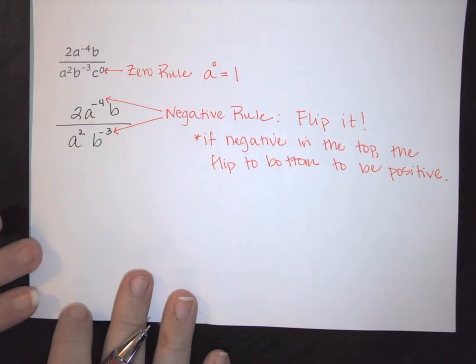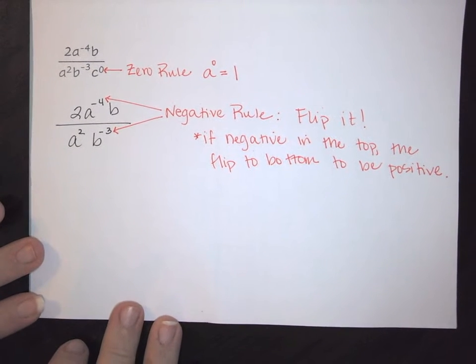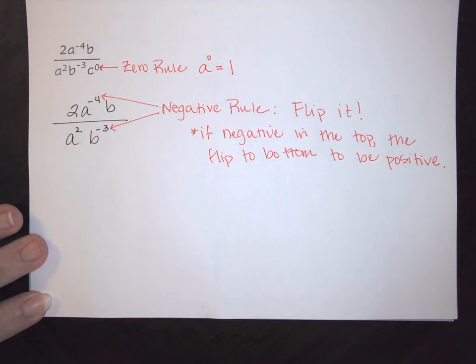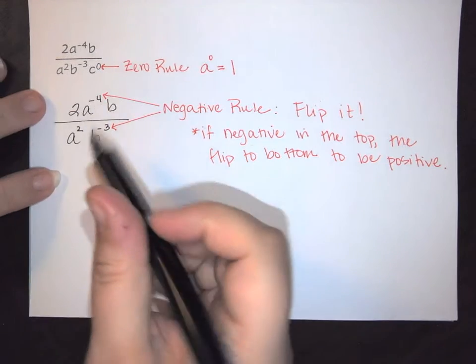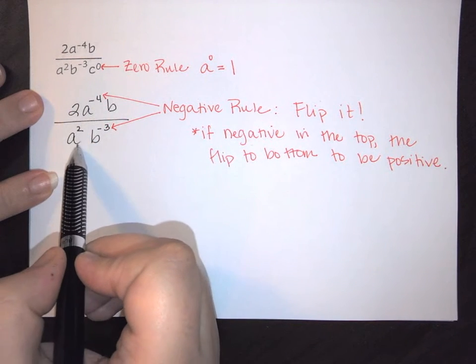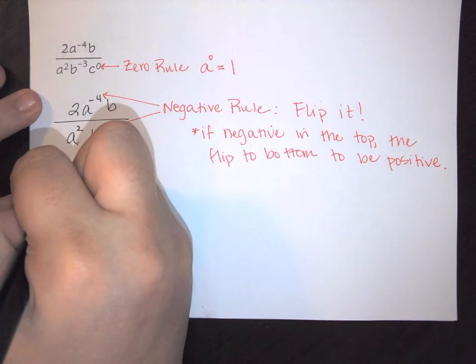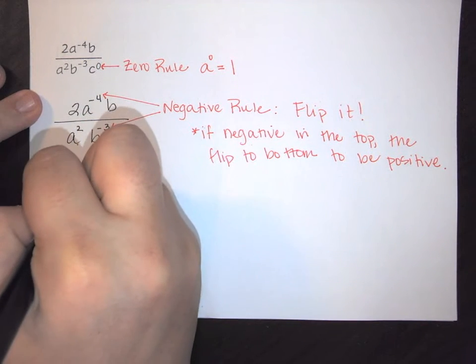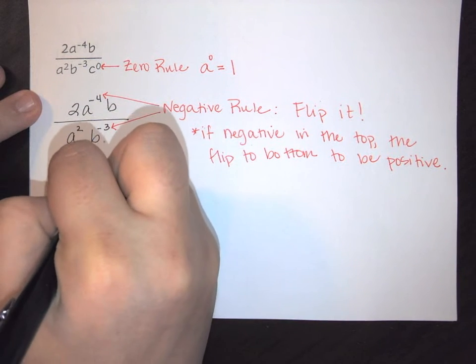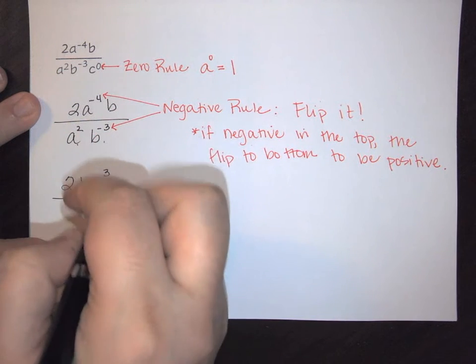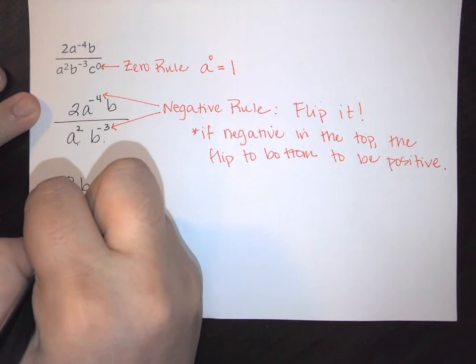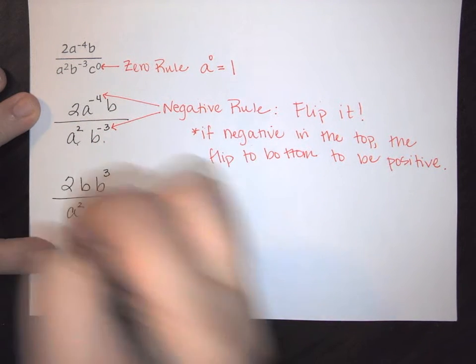And vice versa. If you're negative on the bottom, you will flip it to the top. So what exactly does that mean? Well, it means that my a to the fourth is going to move down and my b to the negative third is going to move up. So this is really going to become 2b to the third all over a squared a to the fourth.